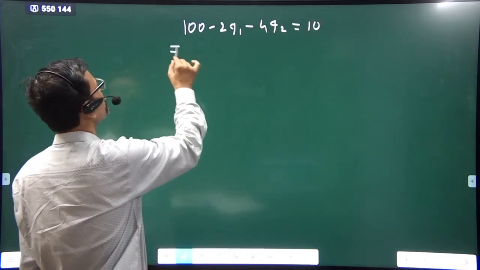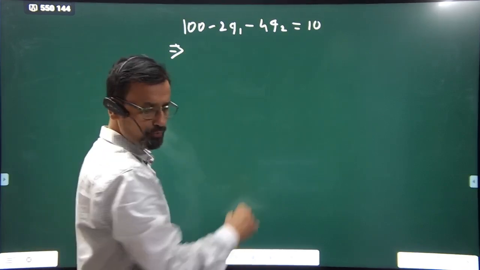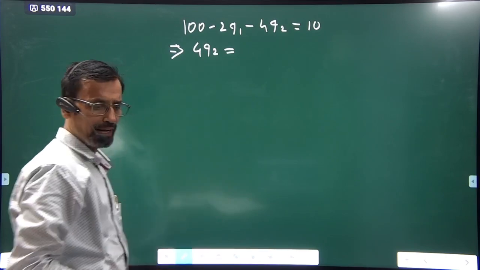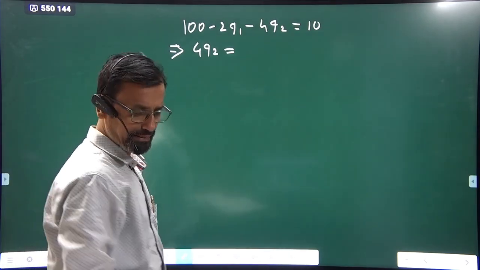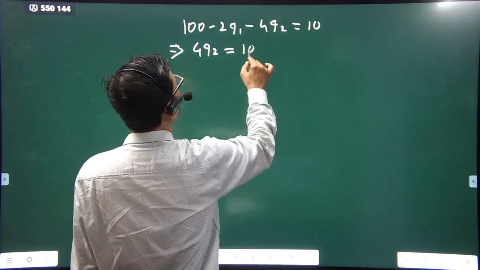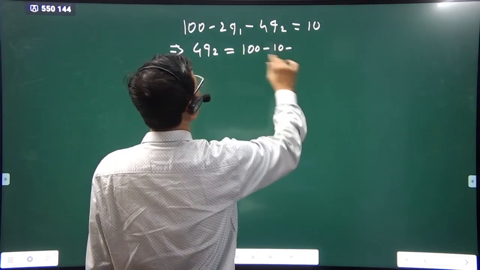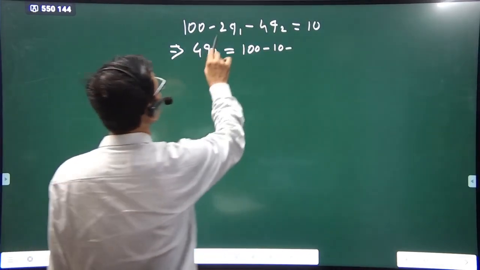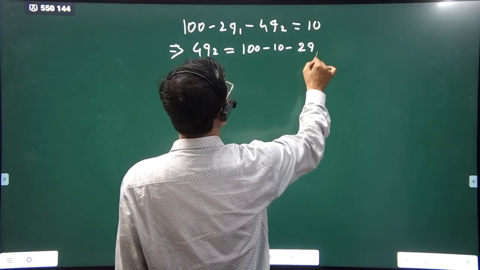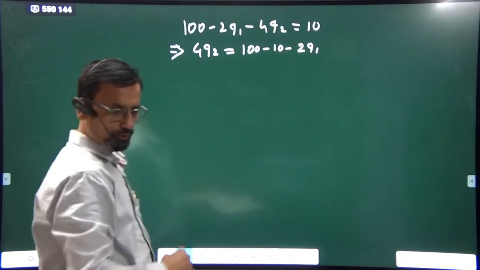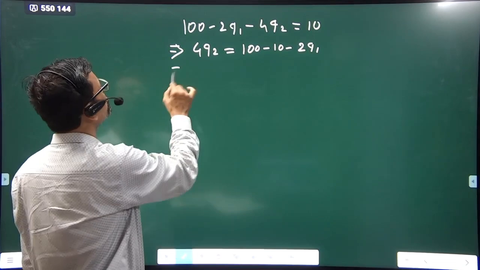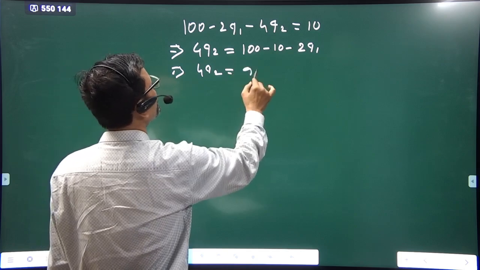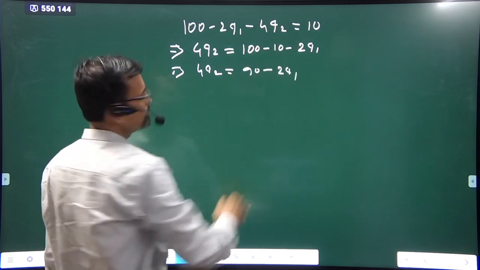When you simplify, 4 Q2 equals 100 minus 10 minus 2 Q1, so 4 Q2 equals 90 minus 2 Q1.